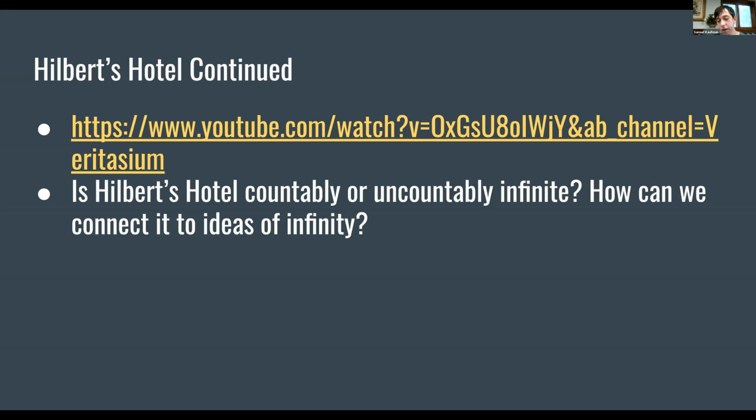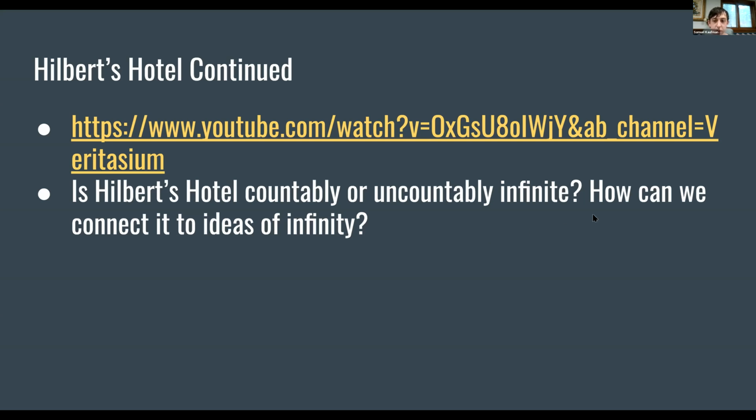Remember, we had an infinite series of rooms and they all had numbers 1, 2, 3, and so on. Yes, it's going to be countably infinite because we can just think of the rooms as the natural numbers. So 1, 2, 3, and so on. So it's going to be countably infinite.